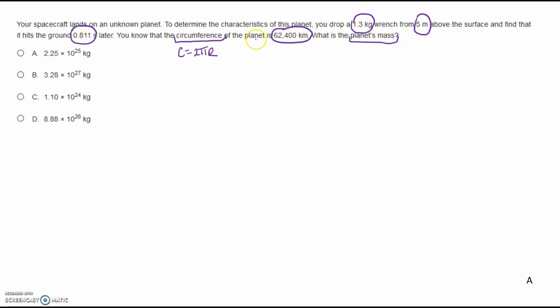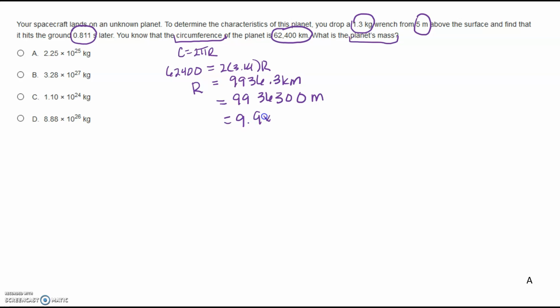So first things first, let's find our radius using this. I have 62,400 equals 2 times 3.14 times r, and r is 9936.3 kilometers, which is equal to this many meters, which I put into scientific notation. Let me change colors.